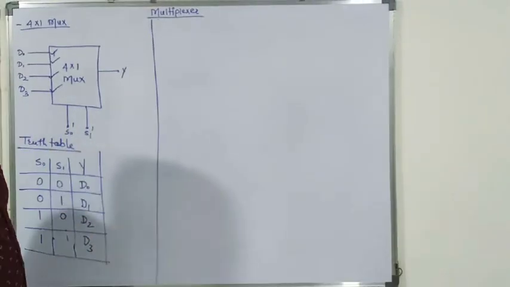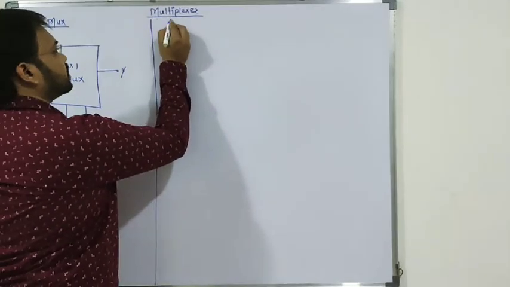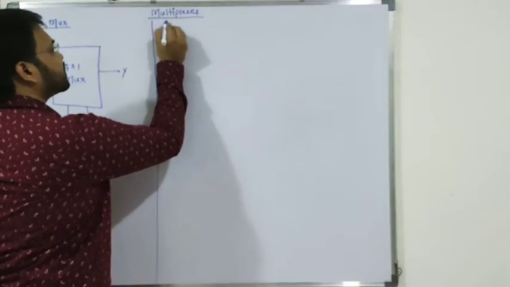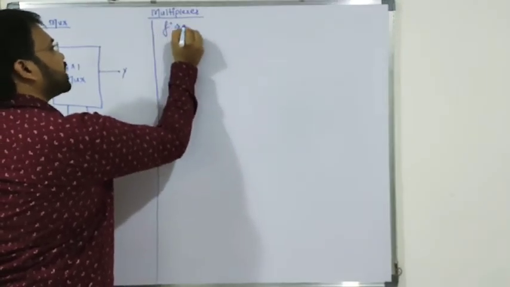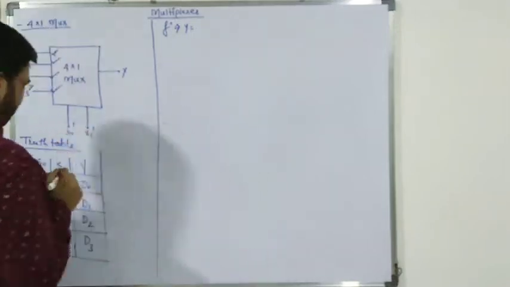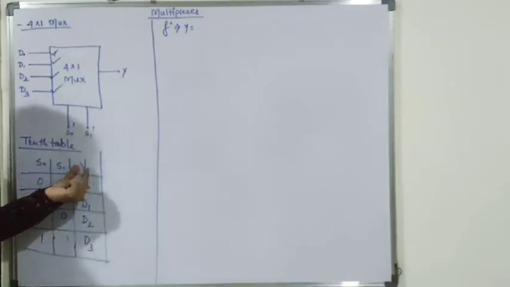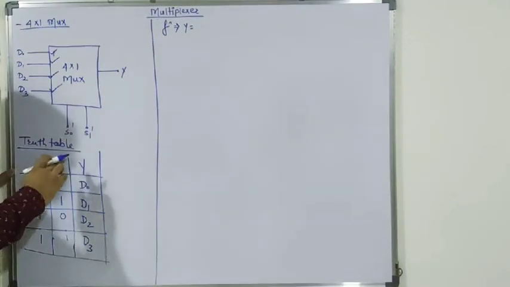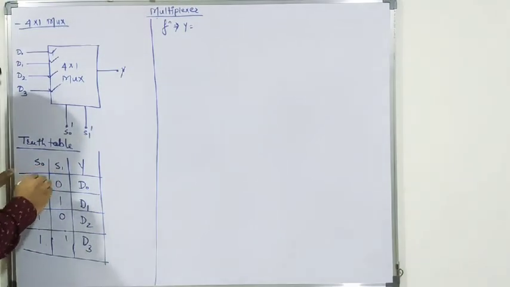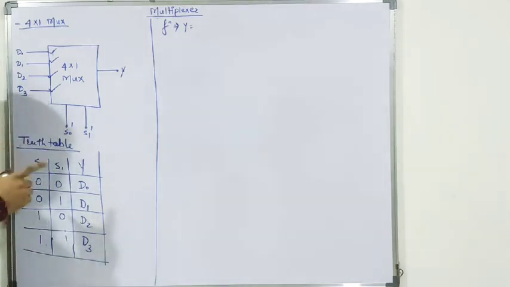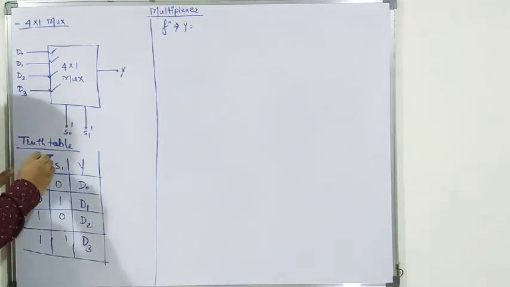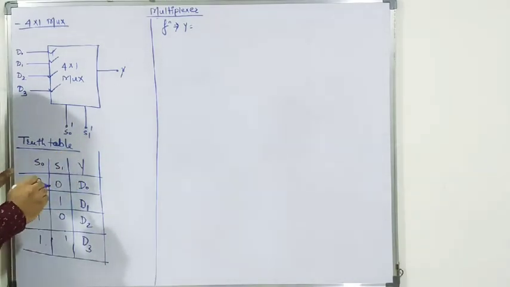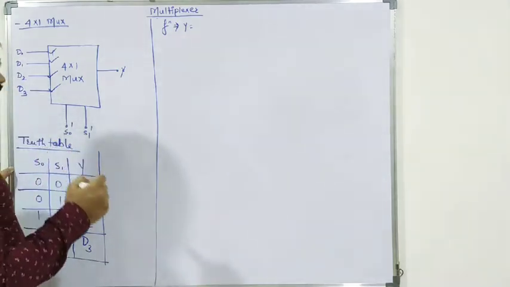Okay. So next is the output function. Y equals the output for S0 and S1. You can see here S0 and S1. So here S0 and S1 both are complemented, that is 0, in SOP form. For S0 and S1 being 0 0, that is S0 bar, S1 bar, the output Y is D0.